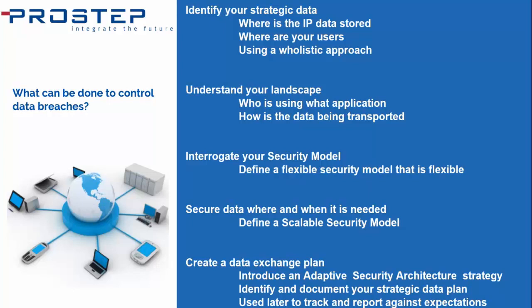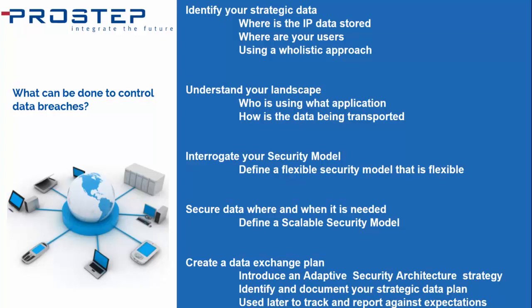because there may be different needs based on where the data is going, whether it's staying internal within your enterprise or going external, and then securing that data to make sure that you understand the data is secure no matter where it is, by using a scalable security model.